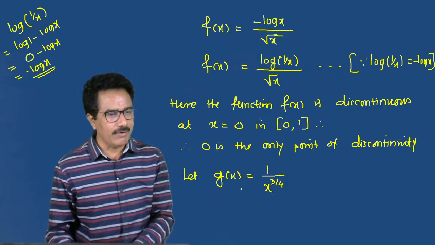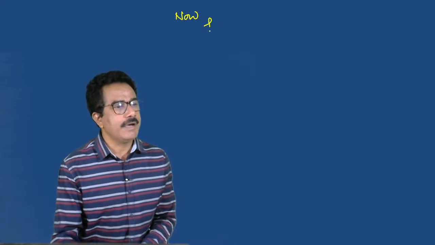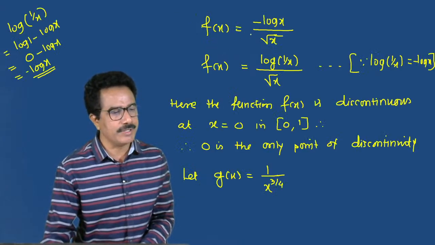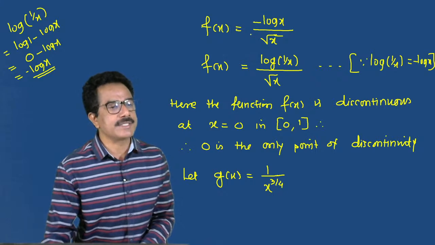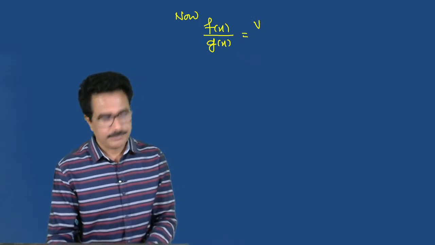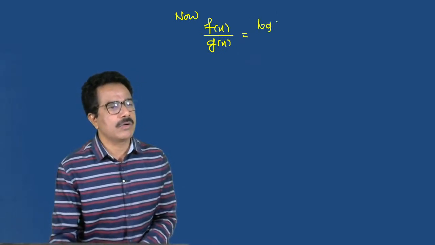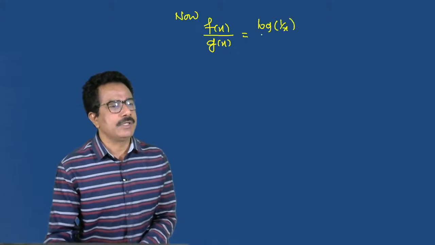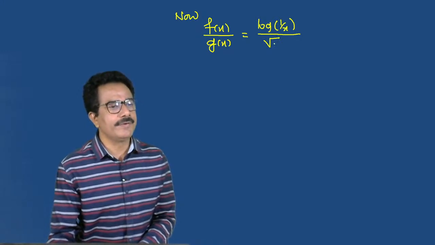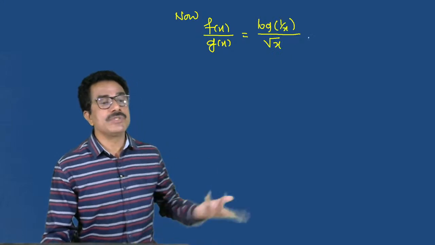Now you can calculate the value of f of x divided by g of x, putting the value of f of x. That is log of 1 by x divided by root x. This is the value of f of x upon g of x.